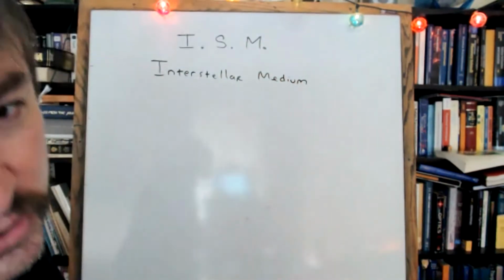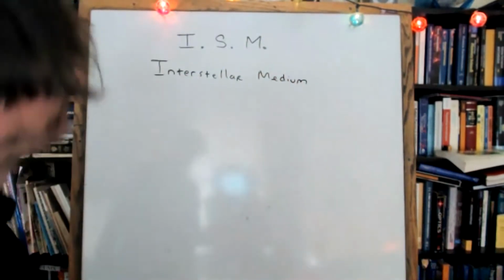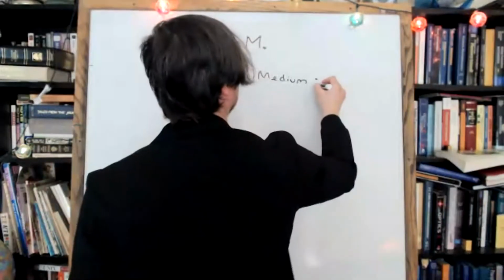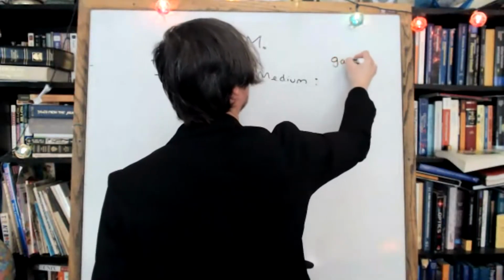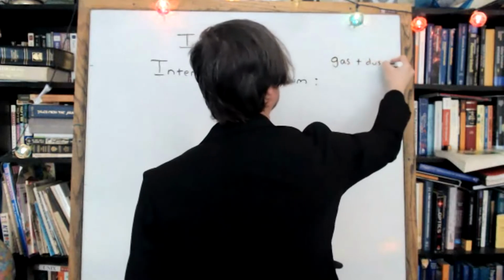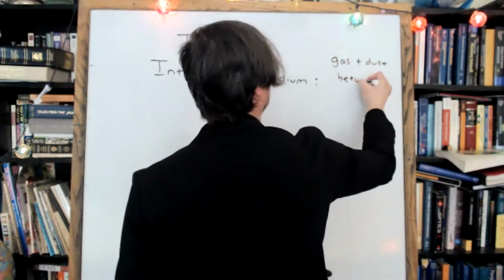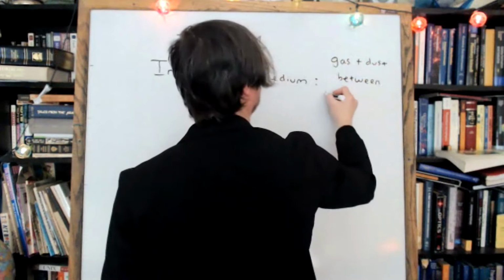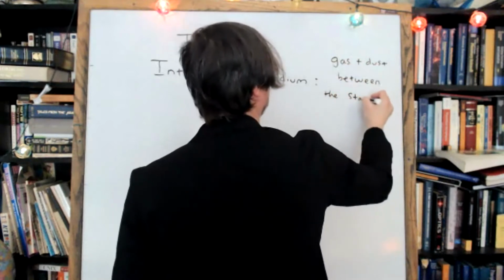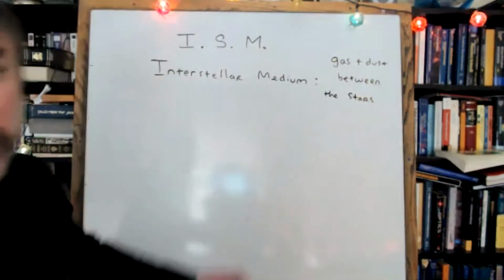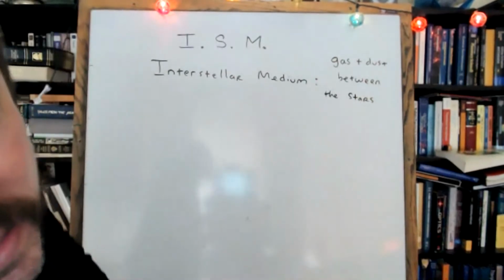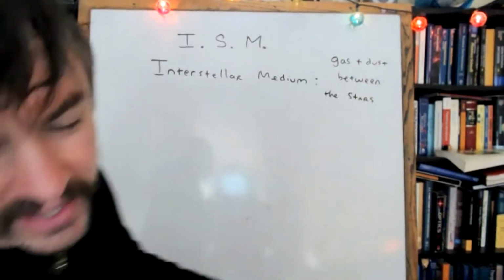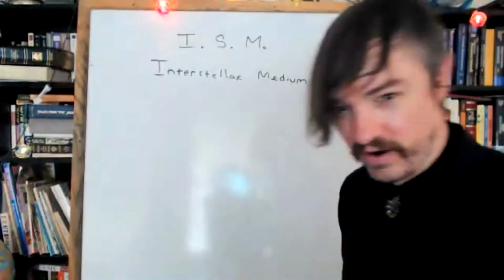And let's give the shortest, stupidest, fastest definition that we possibly could. It's the gas and dust between the stars. But it's more than just that, because of course, the gas and the dust make the stars too. So it's kind of like the Bisquick batter that makes stars.